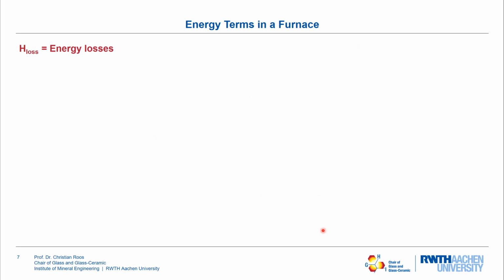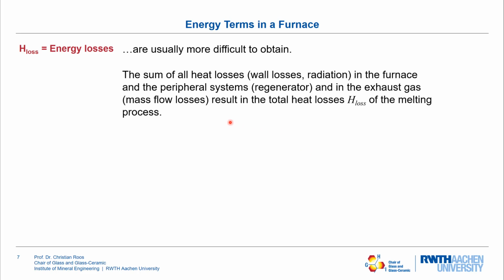The loss terms in the furnace are a little bit more complex and more difficult to obtain. The sum of all loss terms from wall losses, radiation, flue gas losses, and from all the peripheral systems sum up to the total heat loss in the process.